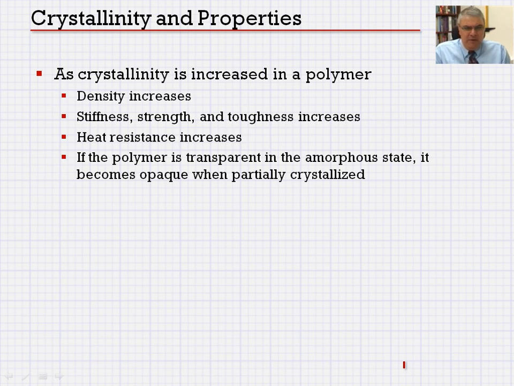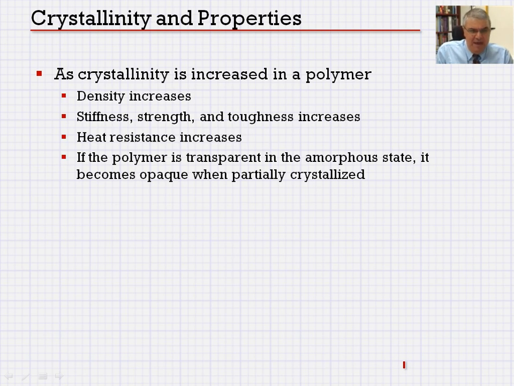Again, why do we care about crystallization? Why do we try to have it or not have it in polymers? The reason is because it's going to affect the characteristics and properties of the polymer. As we have more crystals in a polymer, we are going to have higher density. We're going to make the material become stiffer. Of course, the strength and the toughness would increase.